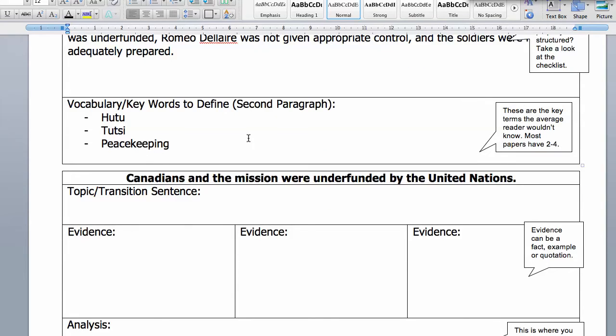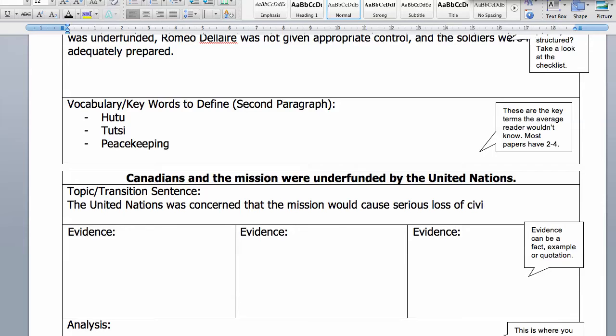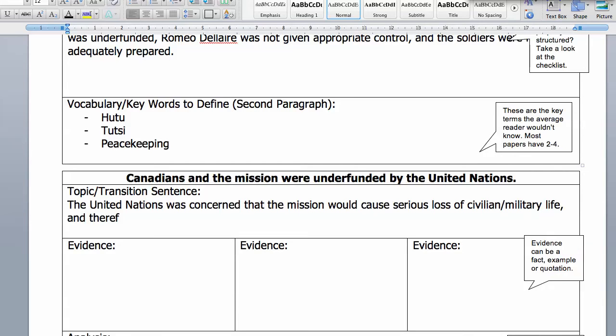And I'm going to say something to the extent of: the United Nations was concerned that the mission would cause serious loss of civilian military life and therefore underfunded the mission.